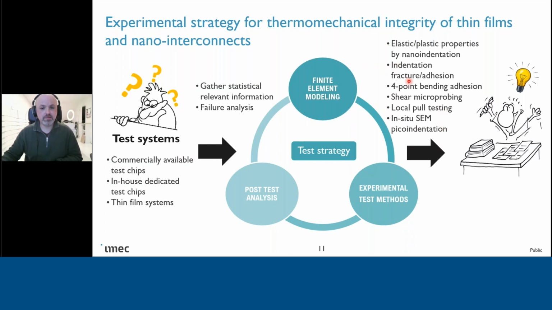And once we have done these tests, we of course need to do some post-test analysis, meaning failure analysis, and also gather enough statistical information in order to couple it back to simulations, and then try to do an iterative process to see, okay, what can we improve?